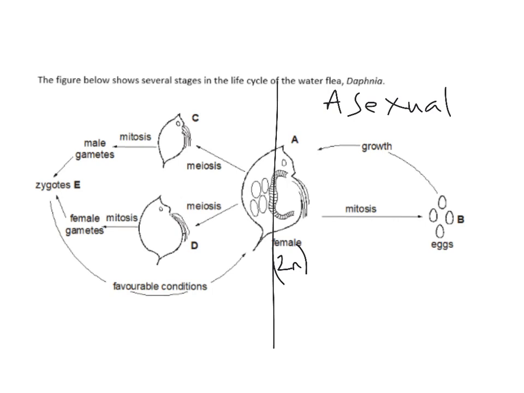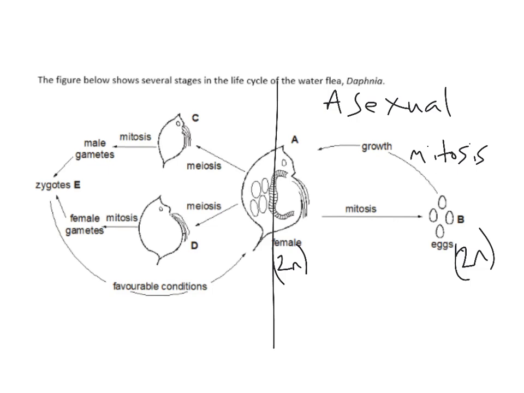So the female would produce diploid eggs through the process of mitosis. They would then grow through the process of mitosis back into the adult female, and that process could continue, and that's rapid.